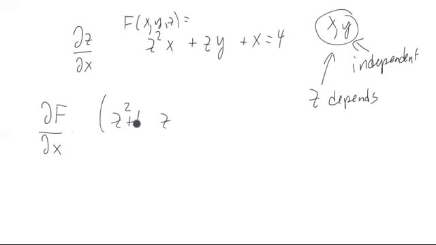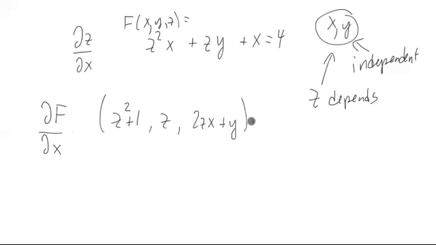Remember that one. For y, we get z, and then for z, we get 2zx plus y. So the derivative is: z squared plus 1, z, 2zx plus y.